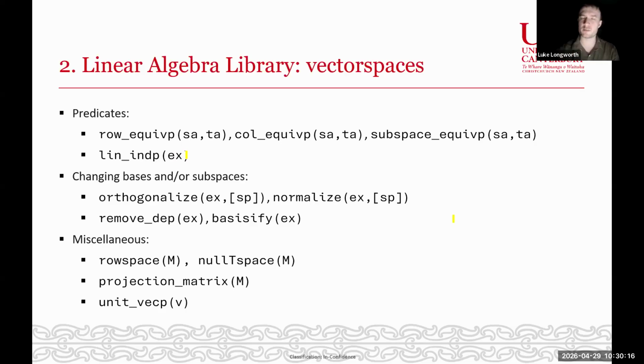I think that also accepts a matrix input. If you take lin int p of a matrix, it checks whether it has full column rank. And you can imagine that combining subspace equiv and lin int p, you can check whether a student has given a valid basis for a subspace that you have defined.